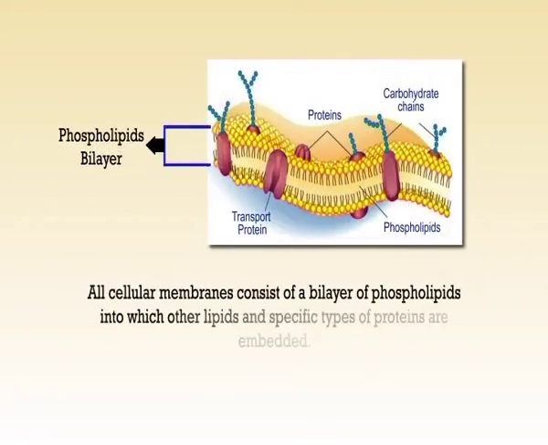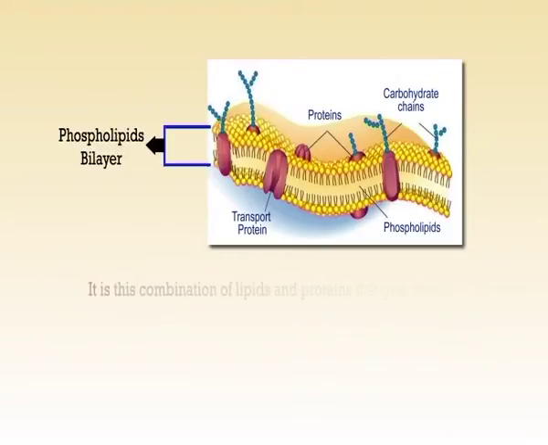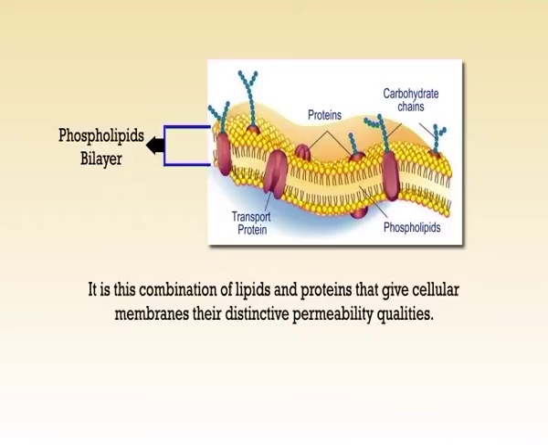All cellular membranes consist of a bilayer of phospholipids into which other lipids and specific types of proteins are embedded. It is this combination of lipids and proteins that gives cellular membranes their distinctive permeability qualities.